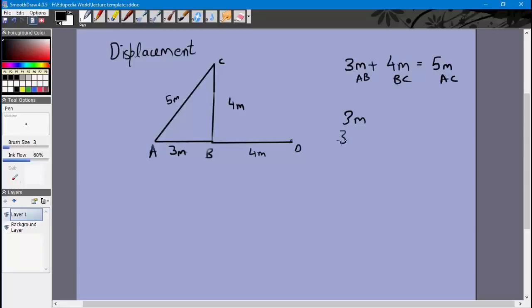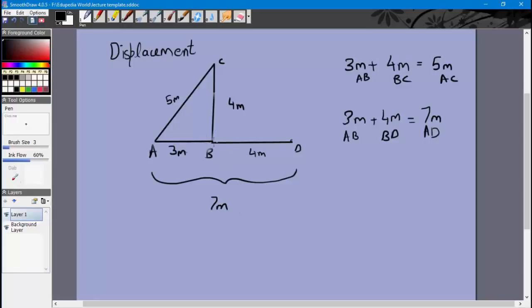But if you take 3 meters AB plus a 4 meters displacement of BD, then you get a total displacement AD, but now it obeys the normal rule, 7 meters, because now these two are the same line, so the distance AD is a total of 7 meters. That's not it.